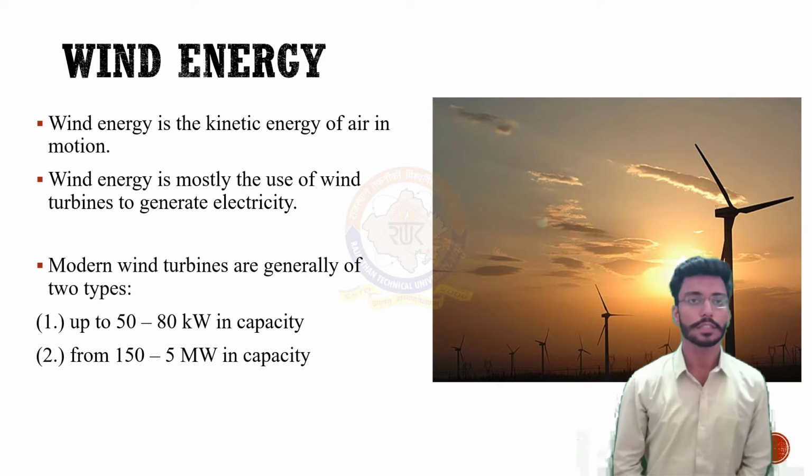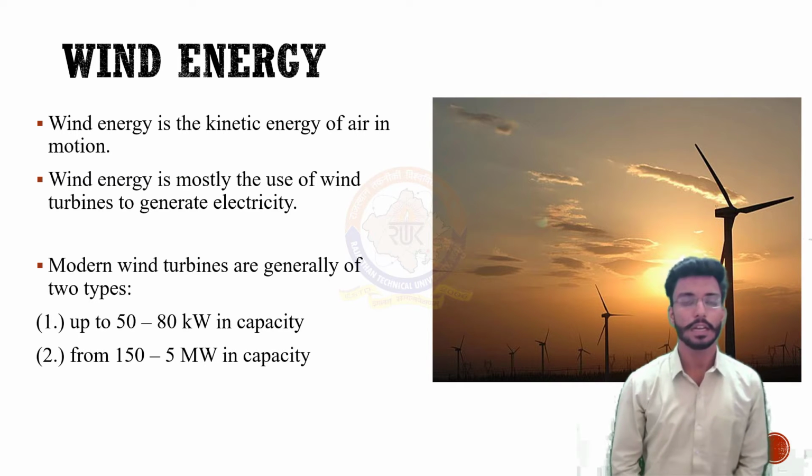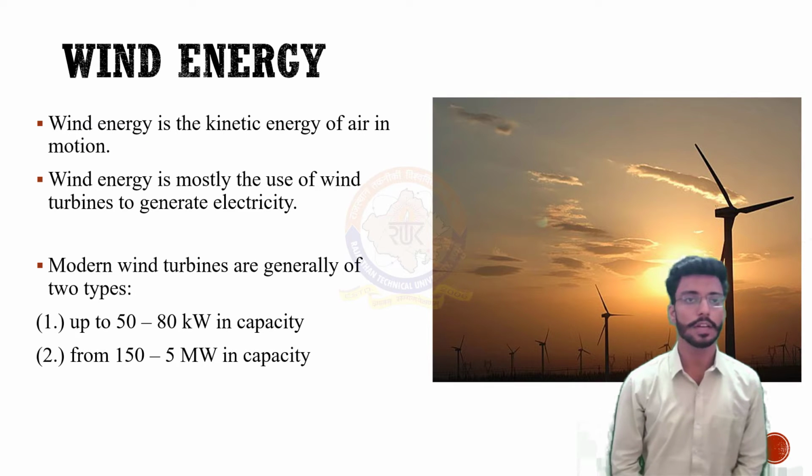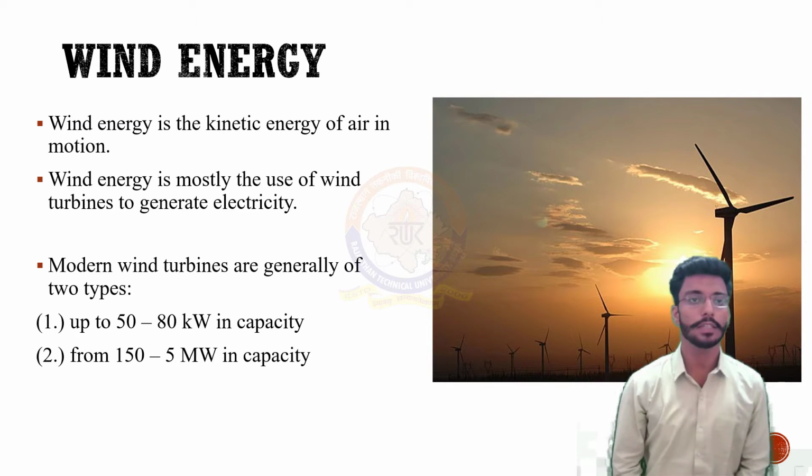Now let us discuss types of green energy technology one by one. Firstly, let's discuss wind energy technology. In this technology, wind is used to produce electricity using the kinetic energy created by air in motion. This is transformed into electrical energy using wind turbines or wind energy conversion systems.